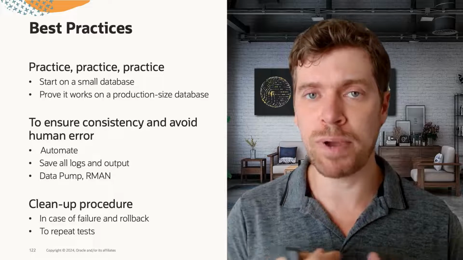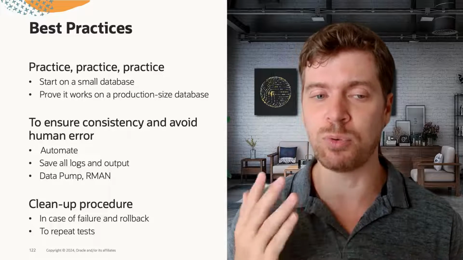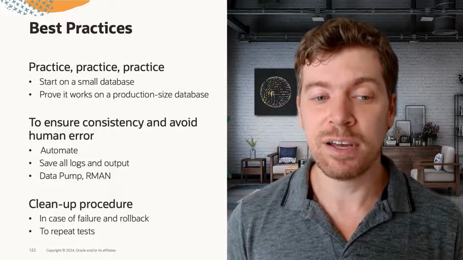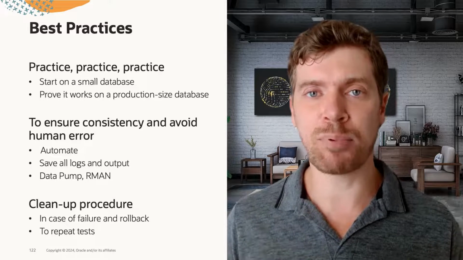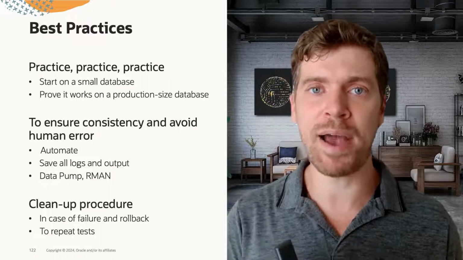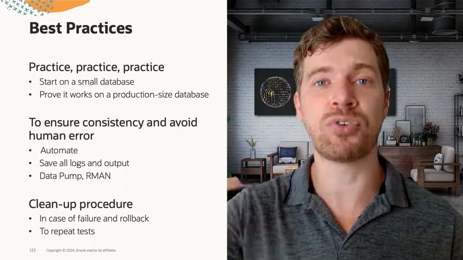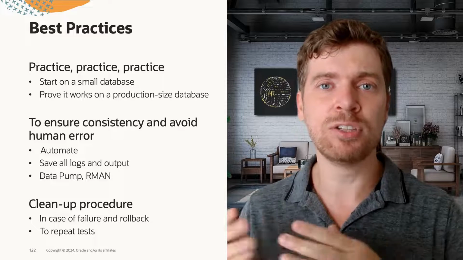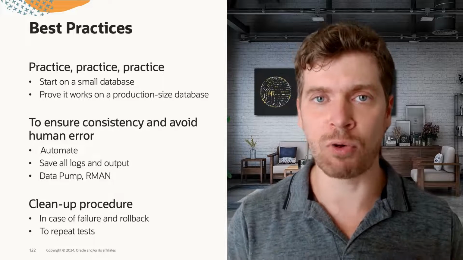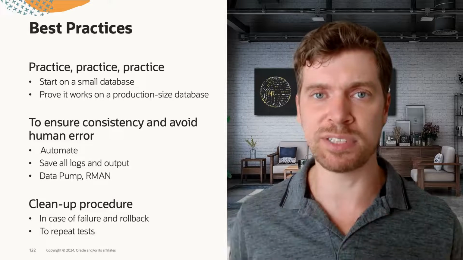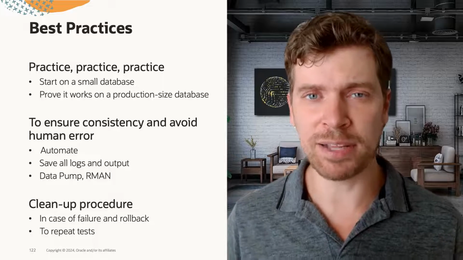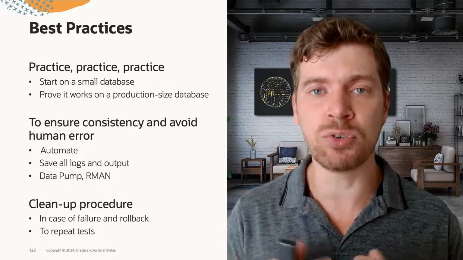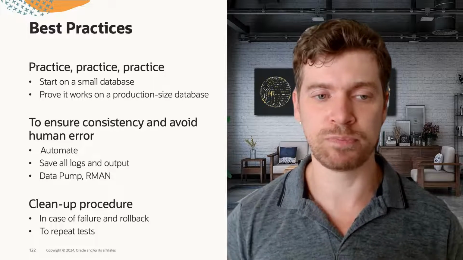Always try to automate whenever possible to avoid human errors, and create cleanup procedures to fall back and roll back, and also to retry your process. If a problem occurs, you don't want to have to build your fallback or rollback then. So create those processes, make them ready, and also try them multiple times during your test window.